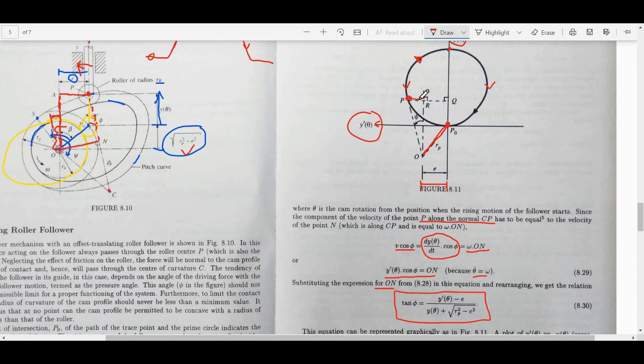This distance is y prime minus E, that is the numerator. And what is this distance? That is equal to y plus this distance, which is here. And therefore you see this angle is the pressure angle. So that angle is tan phi.